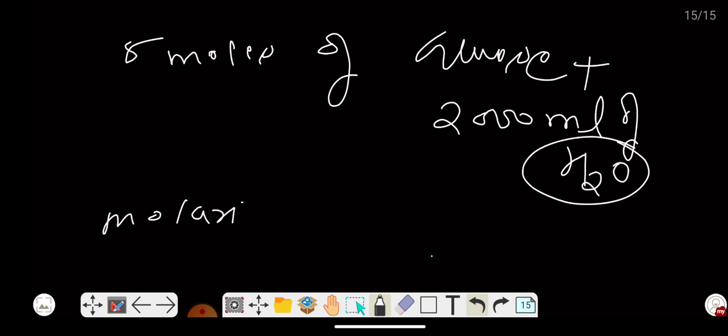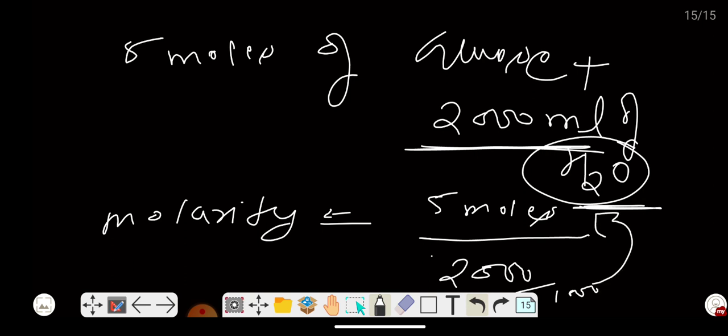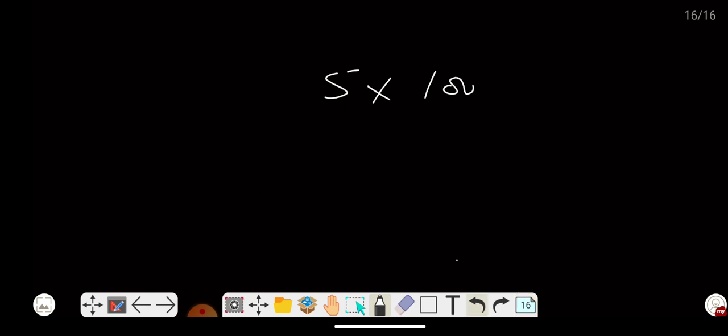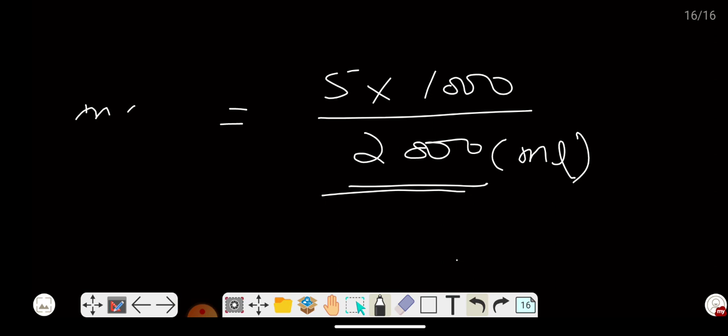So molarity is equal to 5 moles divided by the volume, 2000 ml. Now this ml can be changed into liters. So 2000 ml divided by 1000, this 1000 goes upside, and it will be 5 into 1000 divided by 2000. So this will be the molarity.